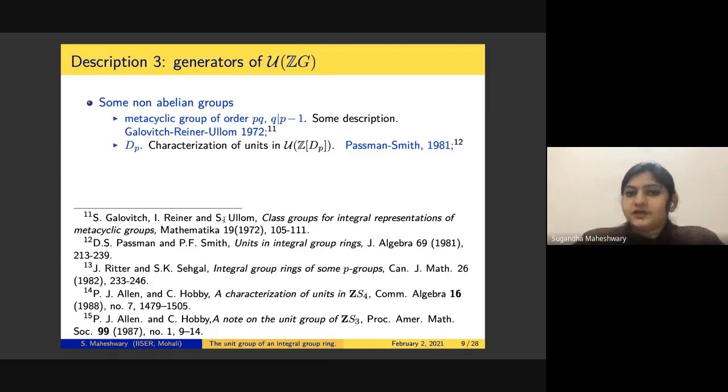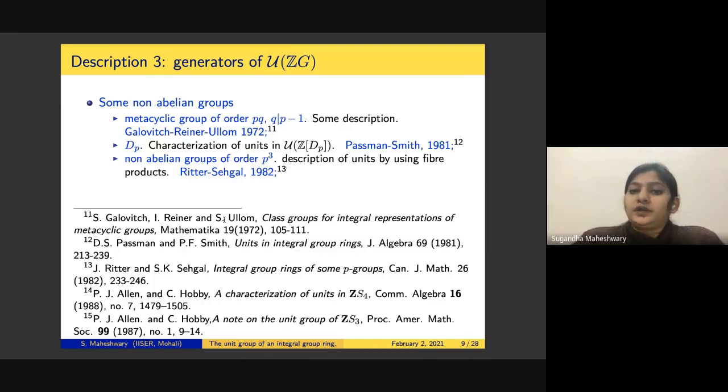And for specific values of P and for specific values of N, some more results are known for dihedral groups of order N. Then for non-abelian groups of order P cube, there is some description of units which is using fiber products. And again, it's not very explicit, but it's old work.